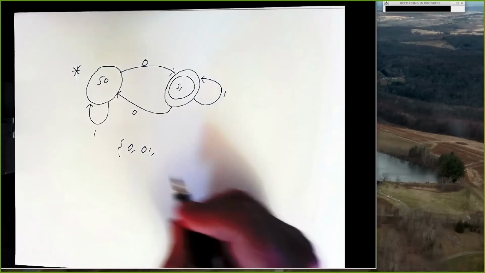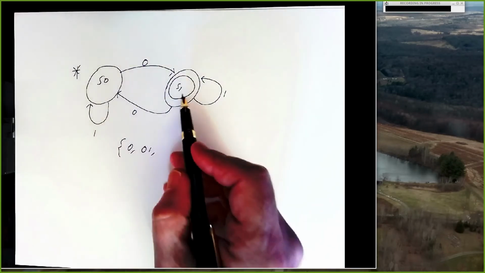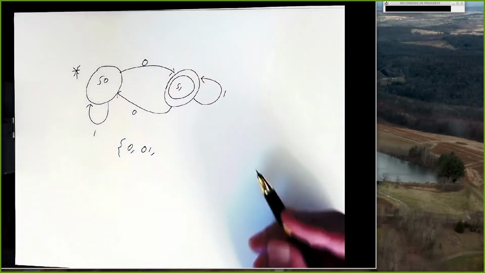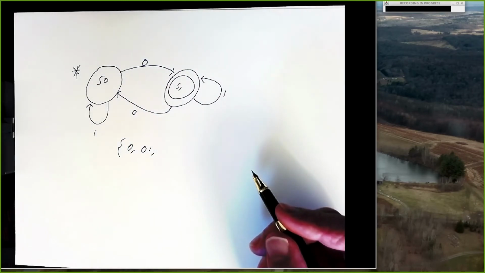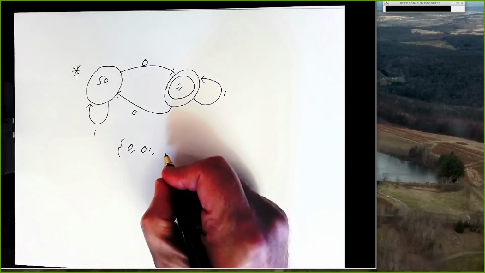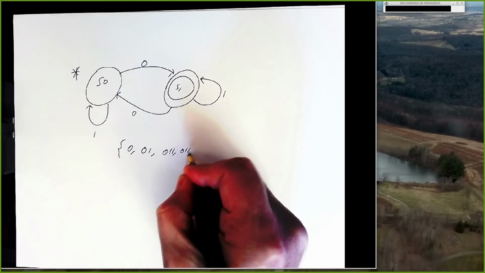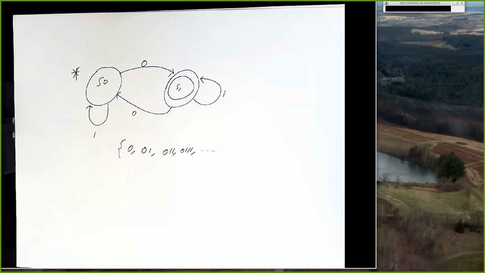0, 0 will bring us back to S0, so that won't be recognized, but there's something close to that. 0, 1 continuous? Yep, 0 followed by any number of ones will be recognized.